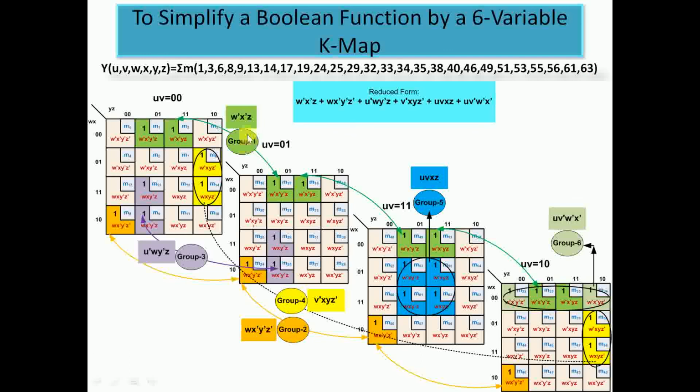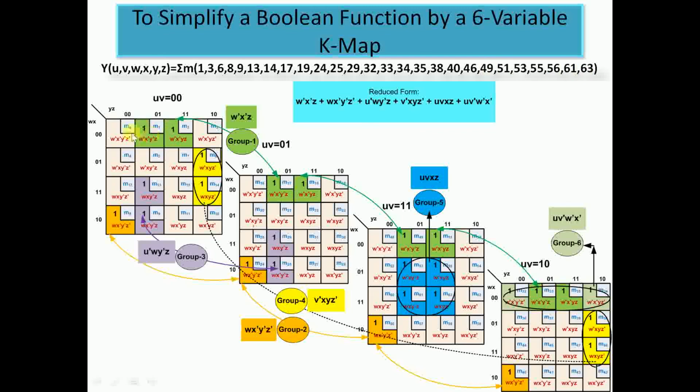In the first map we have minterms from 1 to 14. In the second map we have minterms from 17 to 29. In the third map we have minterms from 33 to 46, and in the fourth map, that is UV equal to 1 1, we have from 49 to 63.